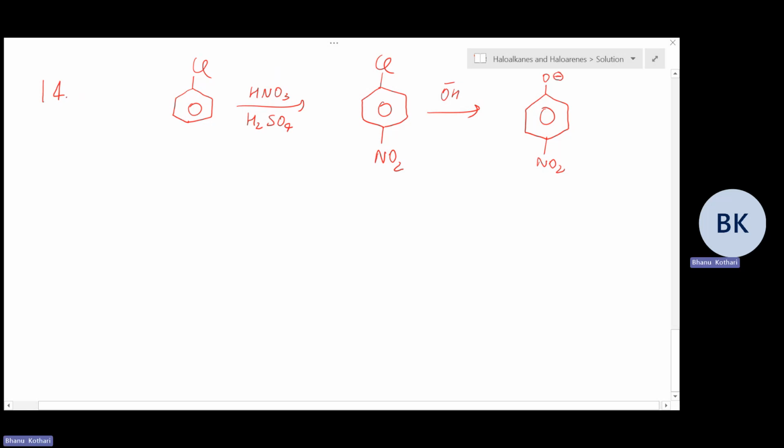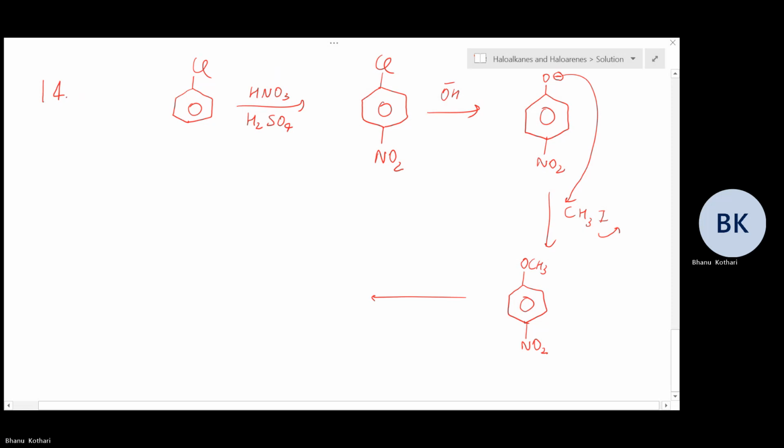And when it acts upon CH3I, SN2 reaction will take place. So this O minus will attack on CH3, I minus will depart, and we'll get para-nitroanisole.